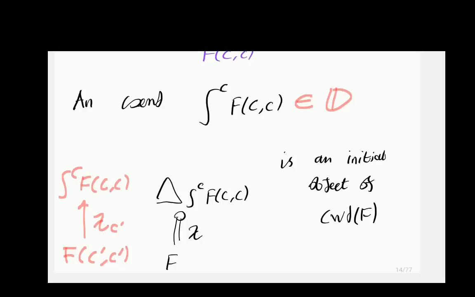It's analogous to the injection arrows that co-products have when you're thinking about co-limits. Yeah, so this is the basic idea.